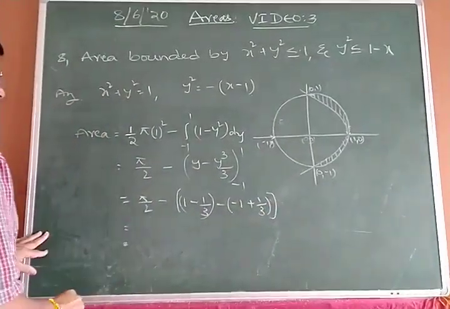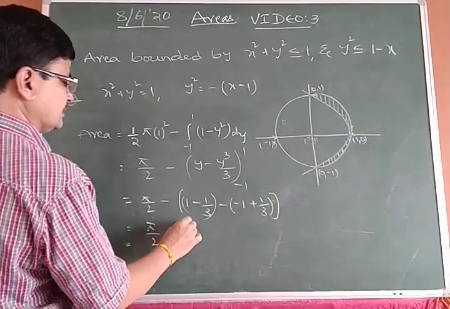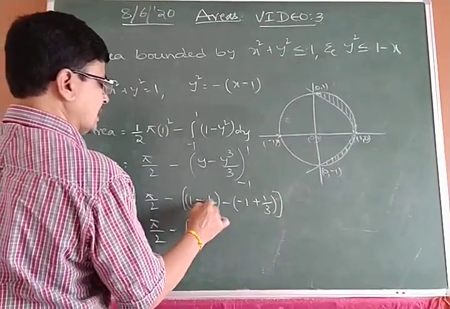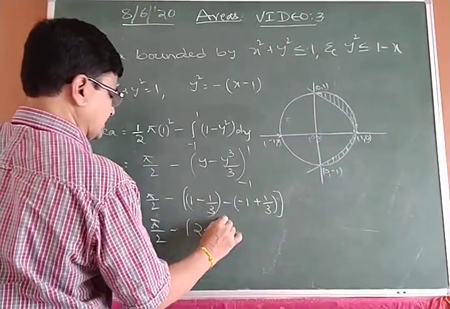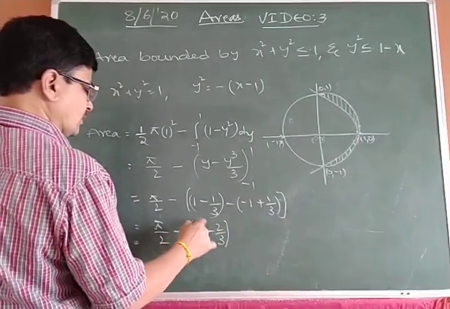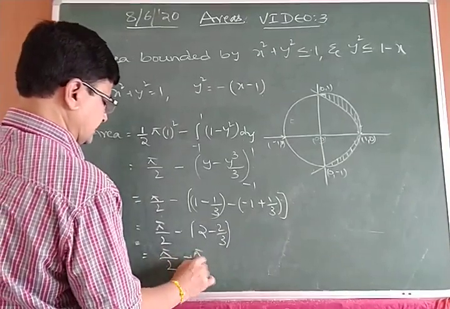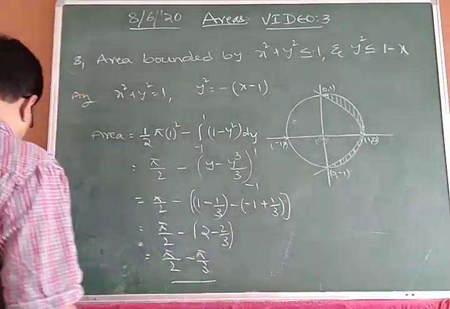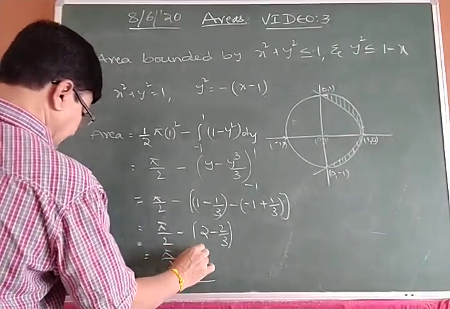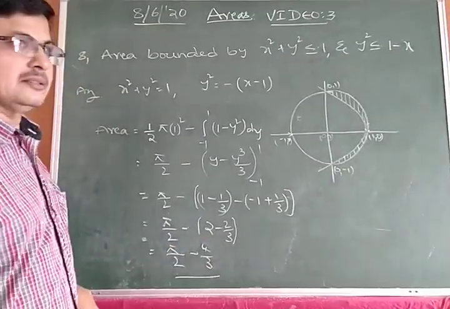So this is equal to pi by 2 minus, 1 plus 1 is 2, minus 1 by 3 minus 1 by 3 is 2 by 3. Now taking LCM 6, minus 2 is 4, so pi by 2 minus 4 by 3 is the required area. This is the required area.